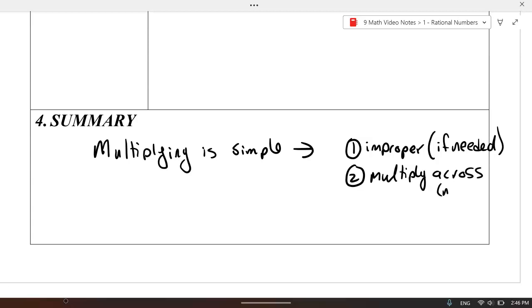Maybe cancel if you feel up to it. And then 3, simplify. So that means mixed number and lowest terms.